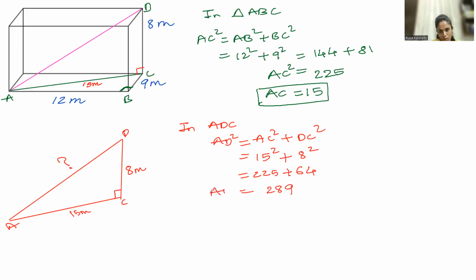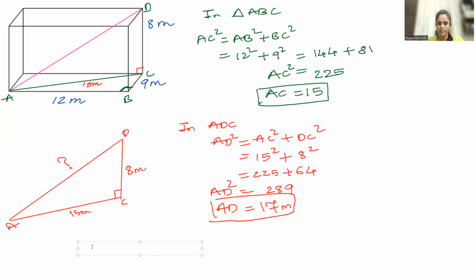So your AD square is going to be 289, which means AD is going to be 17 meter. Do you see that the longest side of this triangle is AD, which is nothing but the longest rod which can fit into this room. So the longest rod which can fit into this room is of 17 meter.